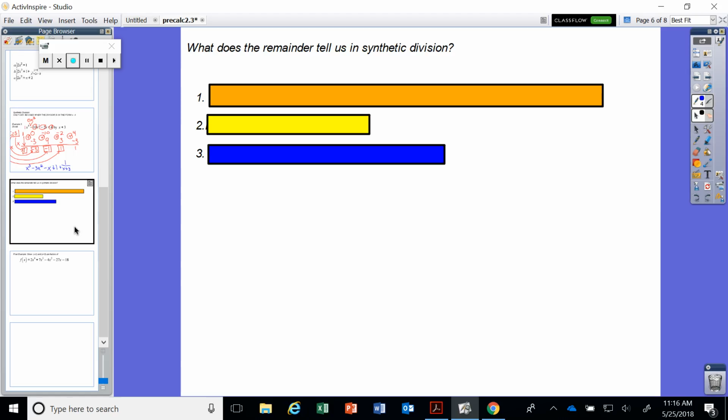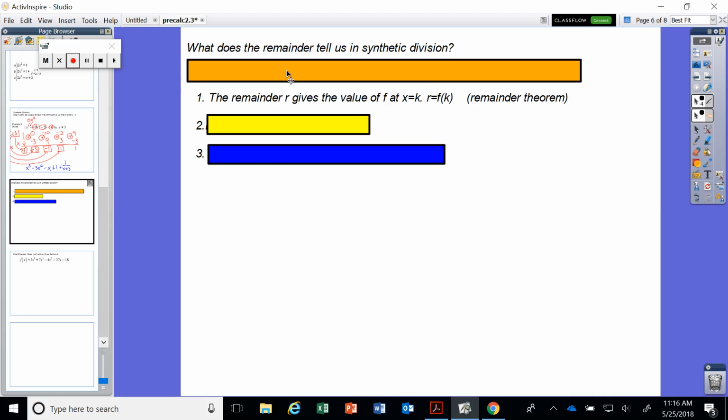Believe it or not, the remainder tells us a lot. The remainder allows us to find the value of f. What do I mean by that? The remainder specifically gives the value of f at that specific value k.